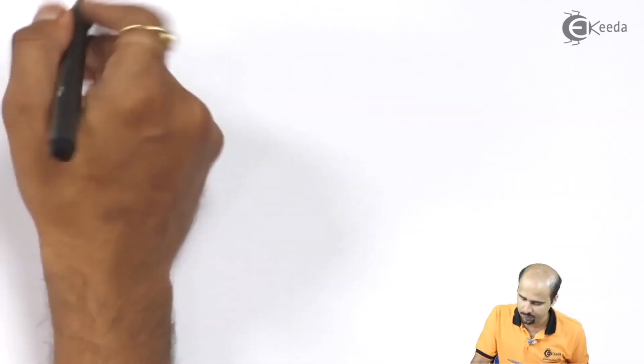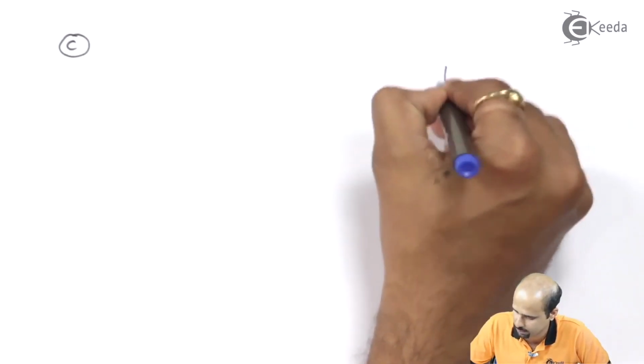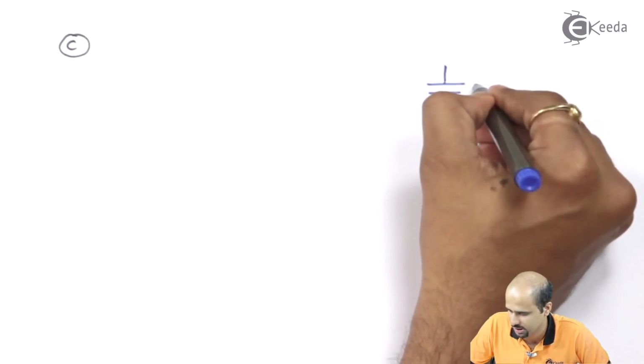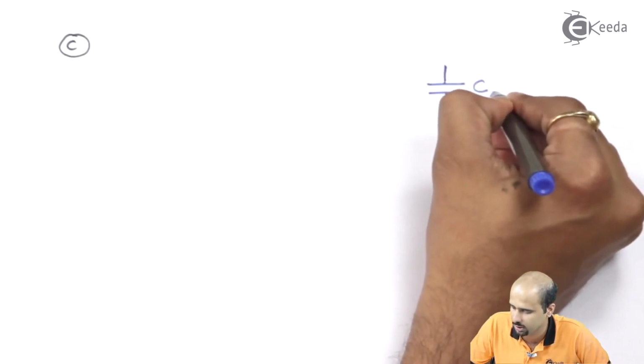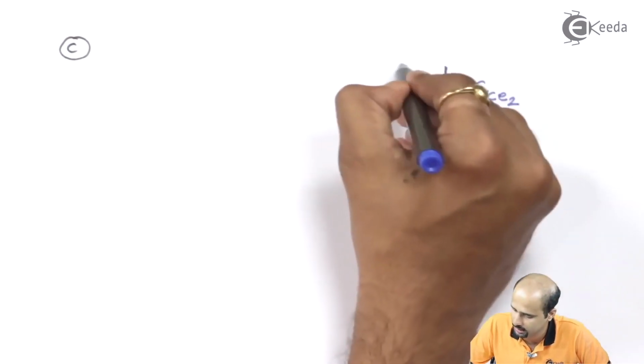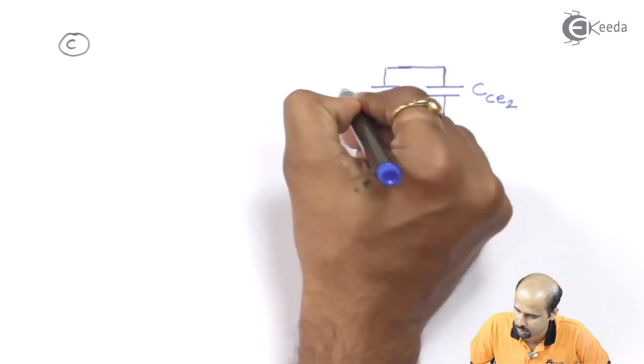So let's see, the C part is of the last output stage of your second stage. So output of second stage comprises again a few capacitances. First capacitance is in between collector and emitter of stage 2, that is CCE2. Then your Miller's output capacitance, that is CMO2.